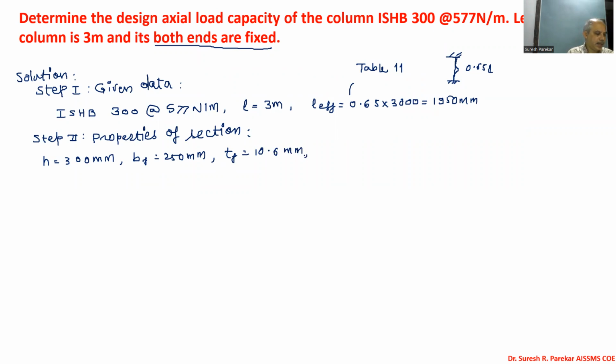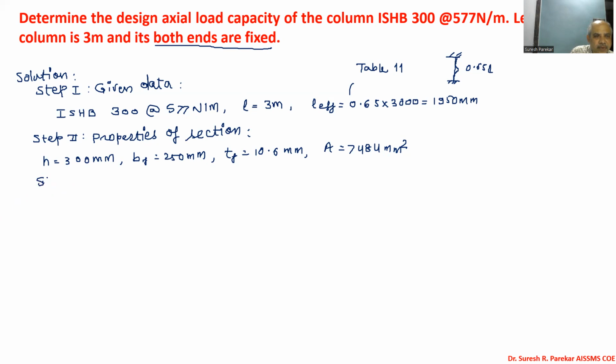Then area, 7484 millimeters square. And then we have to go for first classification of section. So this will be step 2.